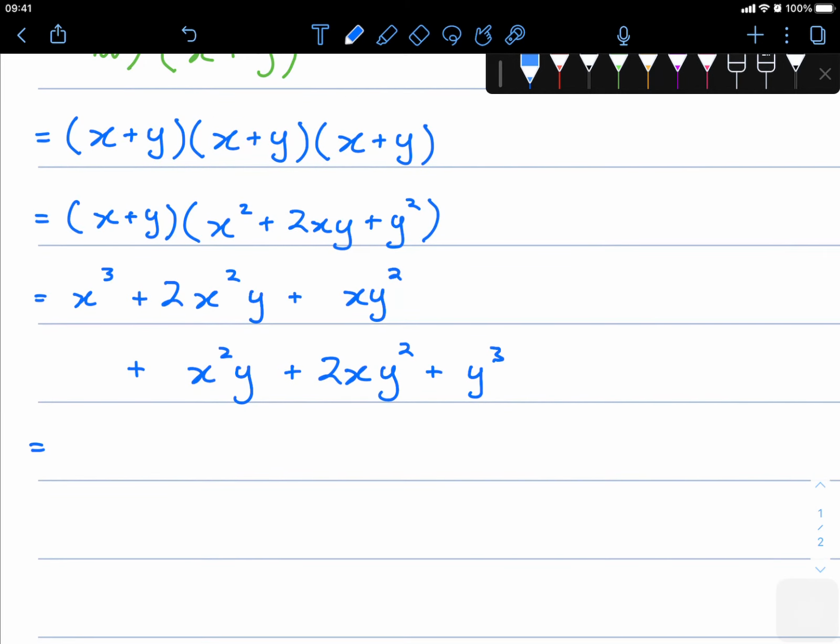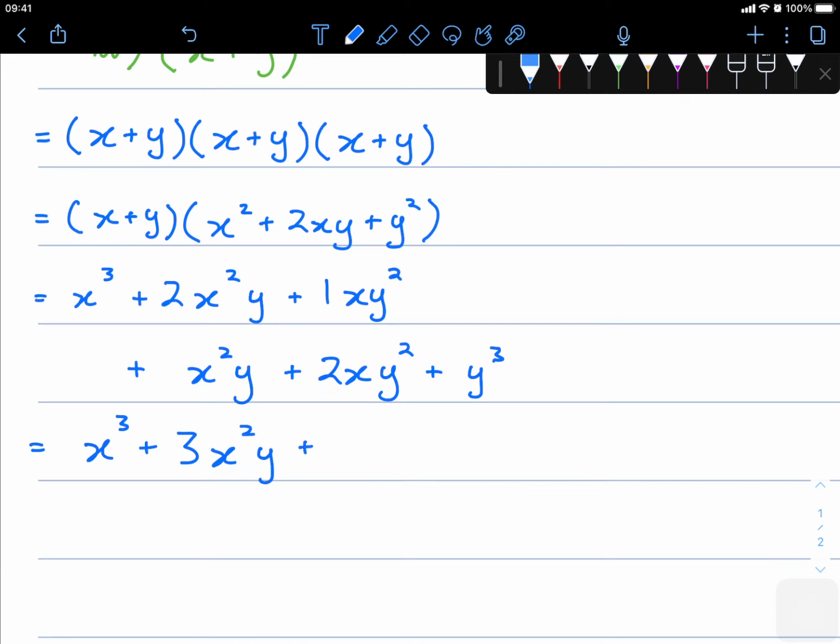Adding like terms, x cubed plus nothing, it's x cubed. 2x squared y plus 1x squared y is going to become 3x squared y. Same for this, it's 1xy squared plus 2xy squared.